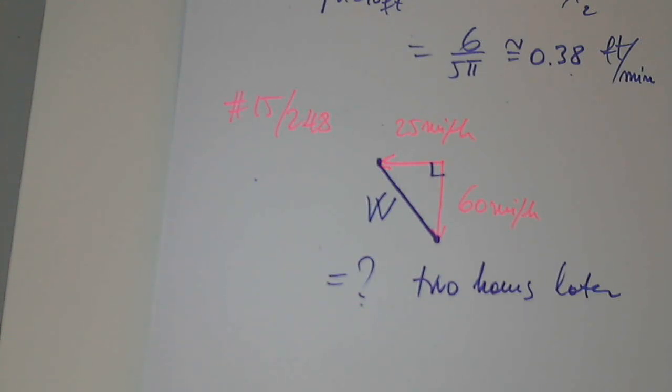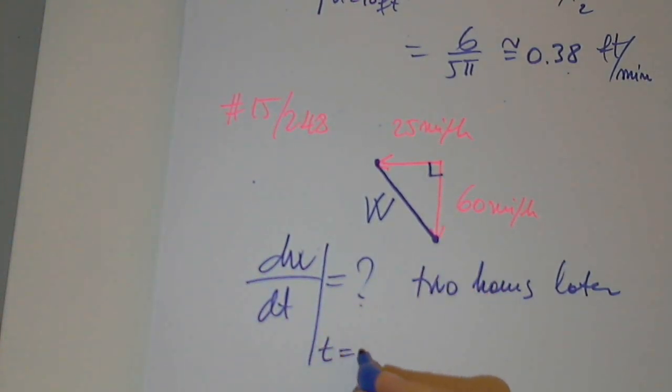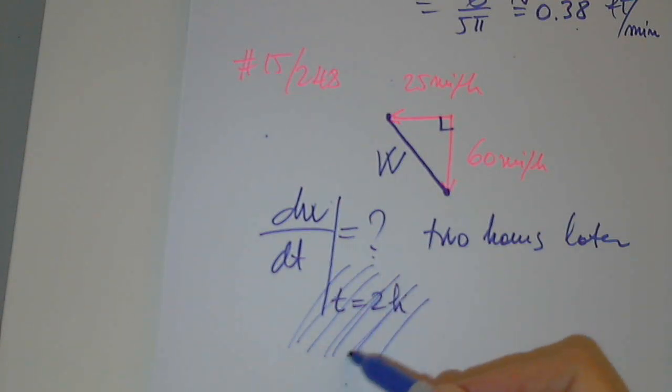What am I asked to determine in this problem? dw over dt. Of course. When time is 2 hours, do not even look at this. Do not do that. I'm just making a point.